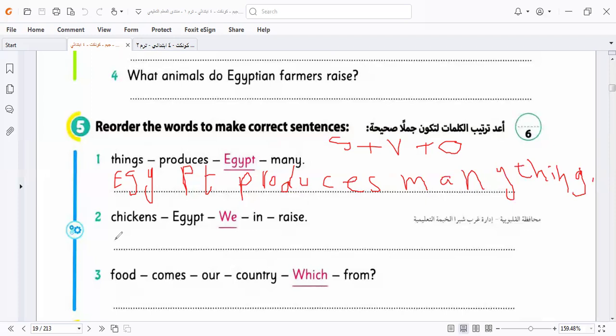Here we have chickens, Egypt, we raise. So it will be we. This is the subject pronoun. We raise is the verb here. We raise what? We raise chickens in Egypt.